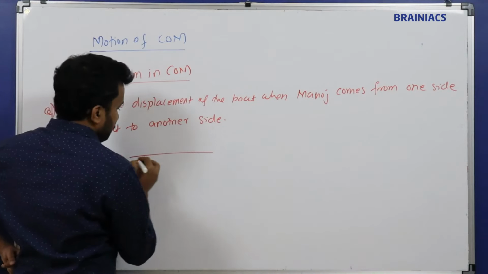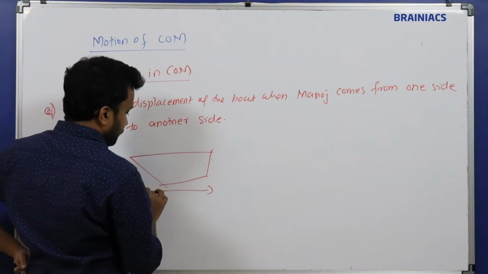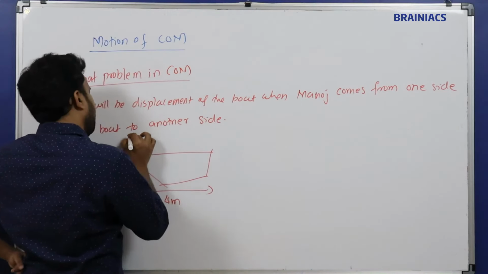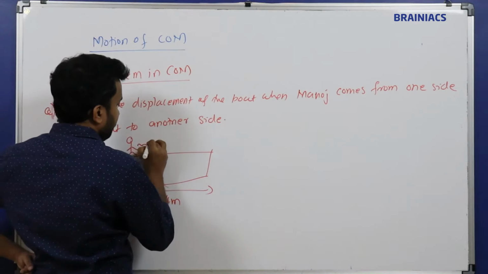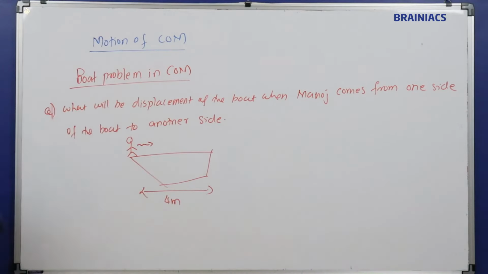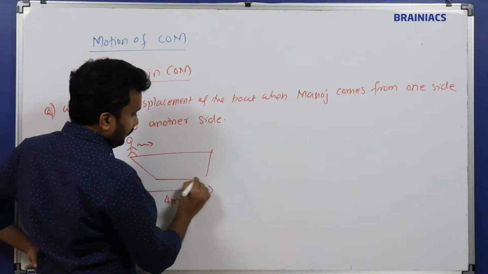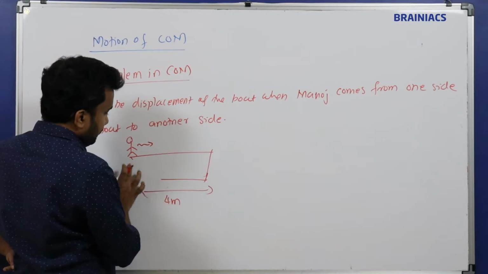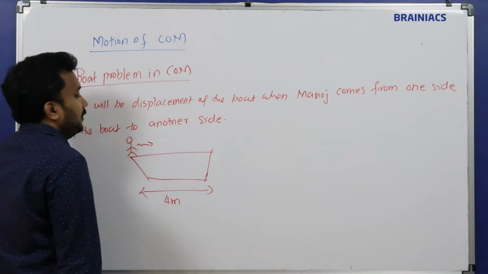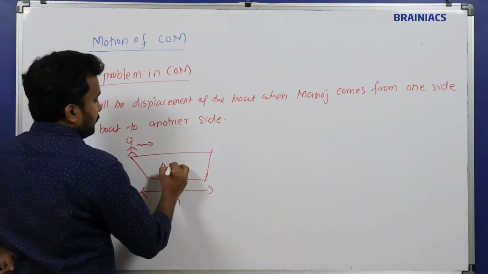So we have a diagram which is given. This is a boat system, and the length of the boat is equal to 4 meters, and a guy is standing here, and when he is moving towards the other side, he is not fixed to one side. Okay, so 4 meters, and the weight of the boat is equal to 40 kilogram.